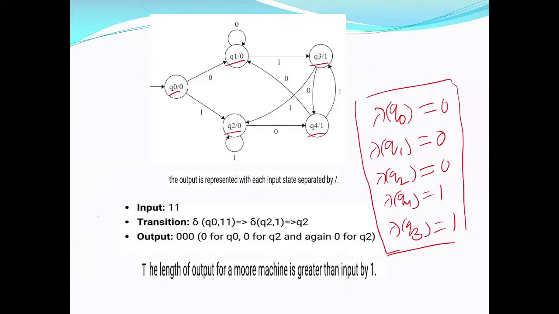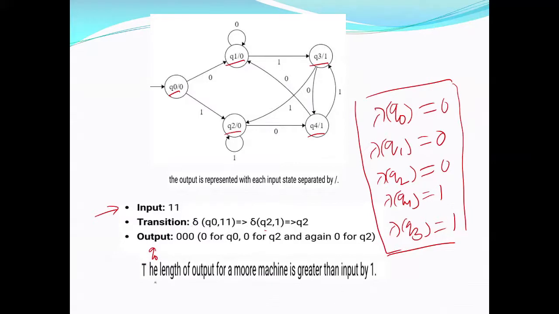So if you give an input string, let us say 1 1, then the transition function will tell you what to do with the states and input symbol. Q0 on 1 goes to Q2. One 1 is remaining. Q2 on 1 goes to Q2. Now, whenever your Moore machine enters into a state, it will give you the output. We start with Q0. Initially, without taking any input symbol, Q0 will produce an output.